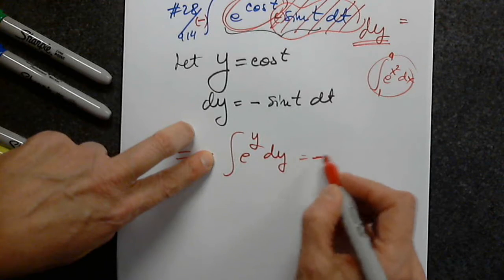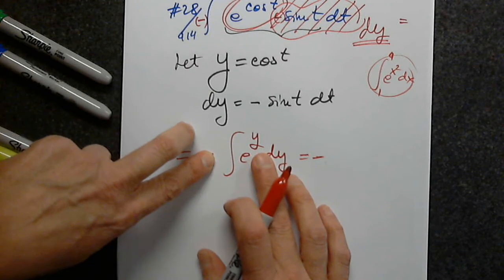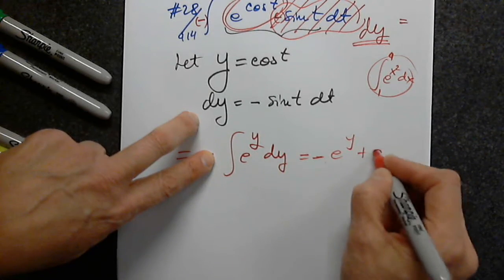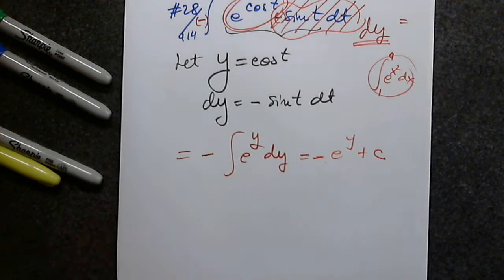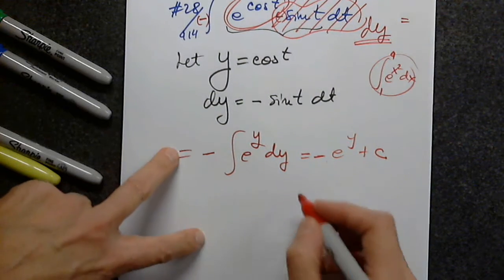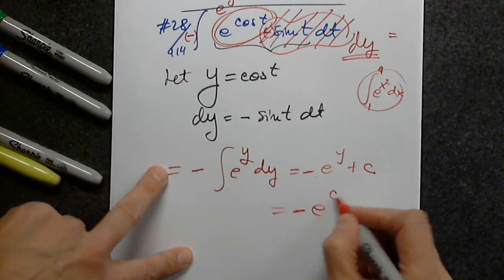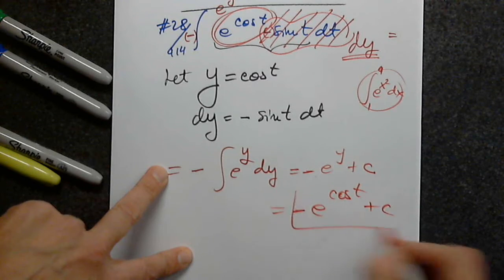Which function prime is e to y? E to y, plus a constant c, of course. Since this is an indefinite integral, I must go back to the variable given in the problem. That's no problem. So it's e to cosine t plus a constant c.